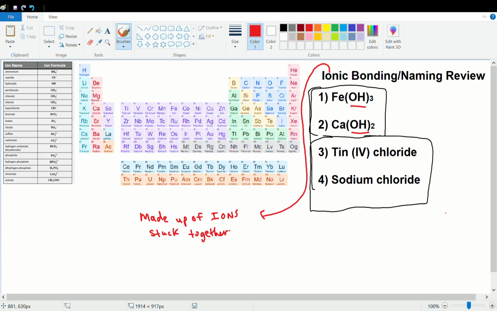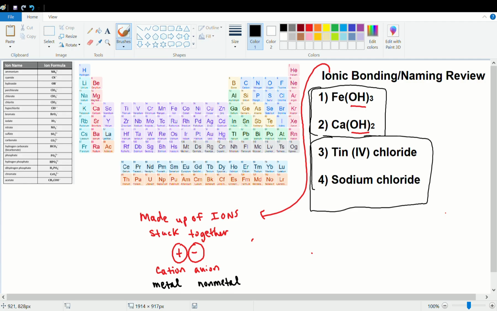The only way that these ions could be stuck together is if we have a positive ion attracting to a negative ion, and we know that positive and negative attract. So an ionic bond is going to be a positive ion, or a cation, attracting to an anion. Most of the time, a cation is a metal and an anion is a nonmetal.